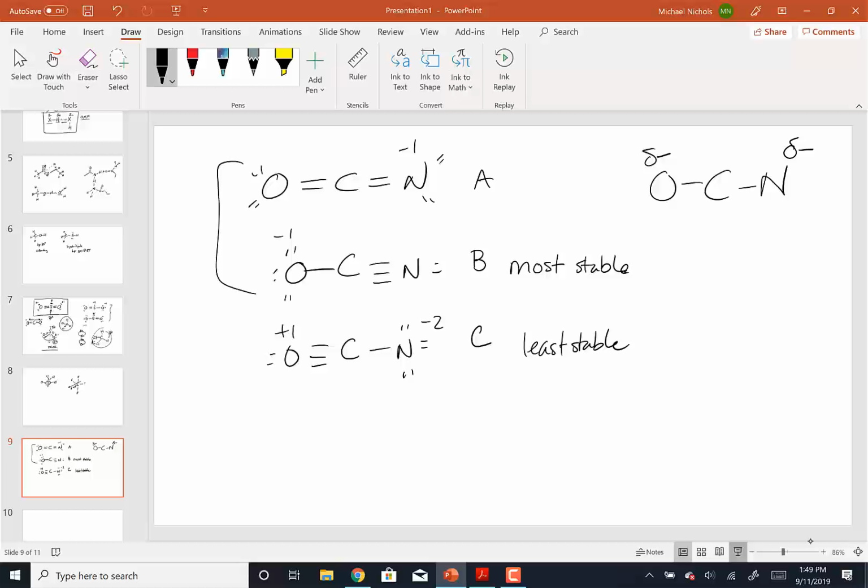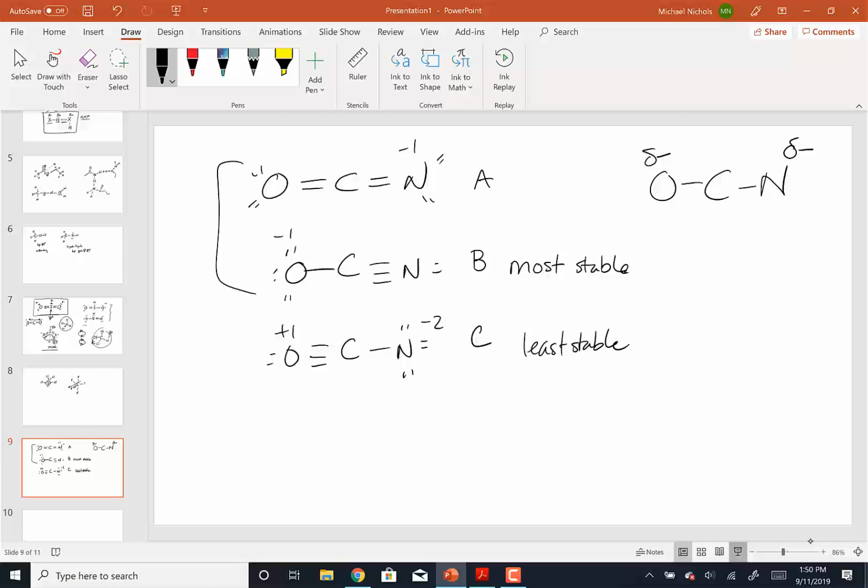So just from the charge standpoint, I know the charge is -1 overall. That means the charge on oxygen and nitrogen must add up to -1, but who has the greater negative charge? Oxygen. Why? It's more electronegative. Okay, we average bonds.